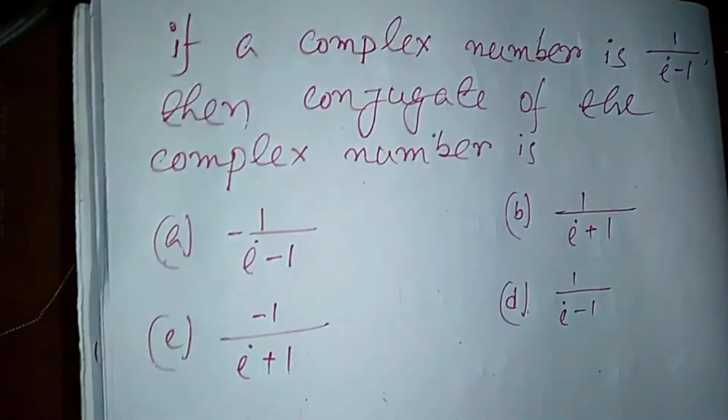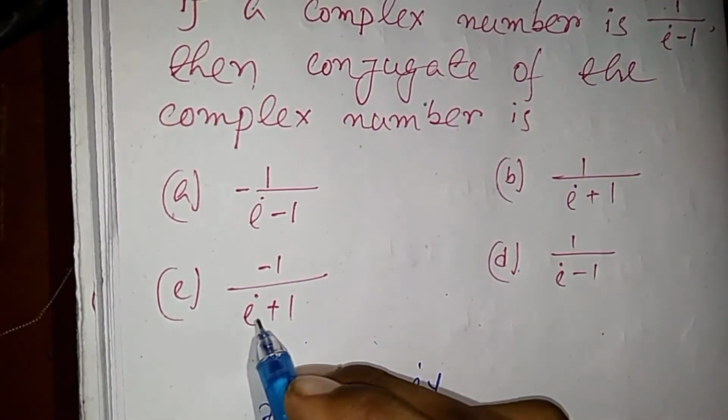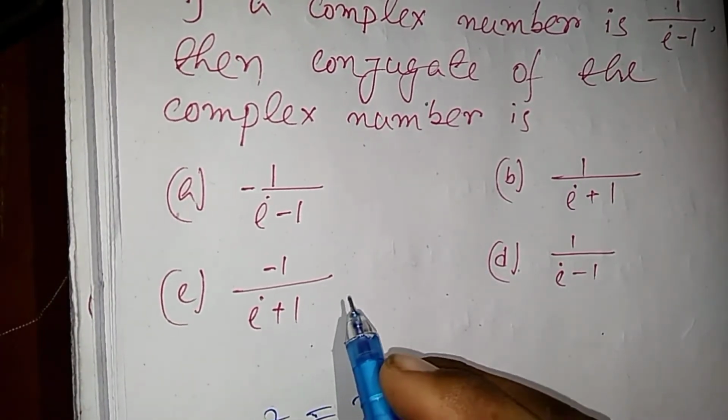So the answer is option C, minus 1 upon i plus 1.